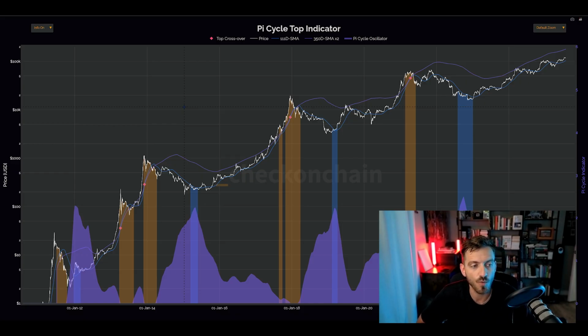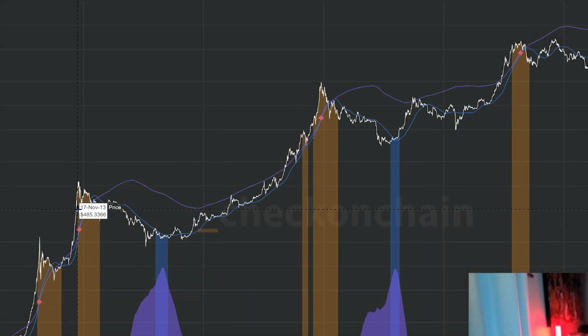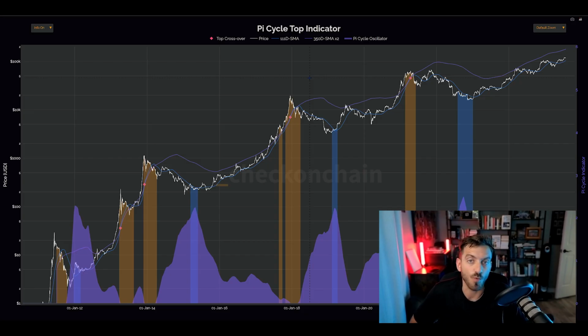Historically, when the 111 crosses above the 350, you're within days of a market top. You can see it back in 2013, 2018, and also in 2021. This is your exit warning.